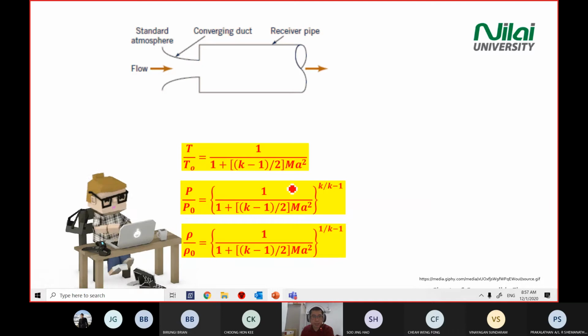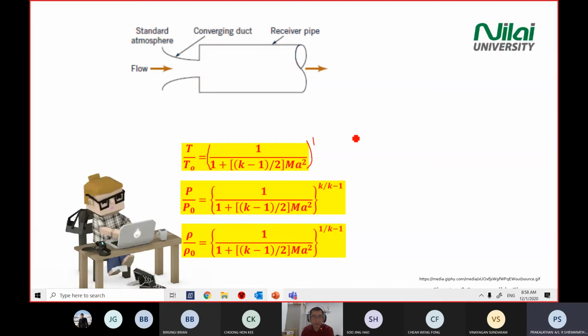And the difference is just the exponent parameter here. So T, you have power 1. P is K divided by K minus 1. Density equal to 1 over K minus 1.